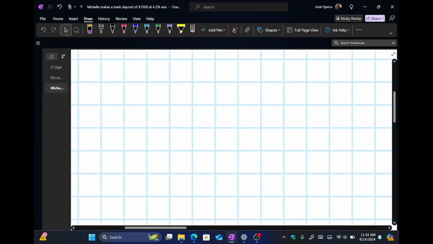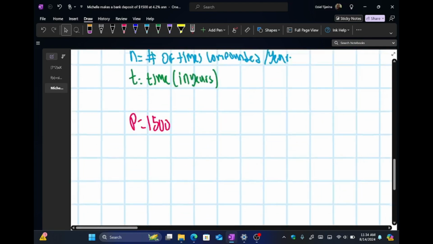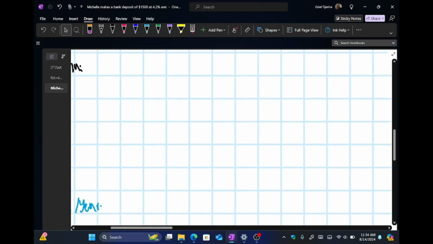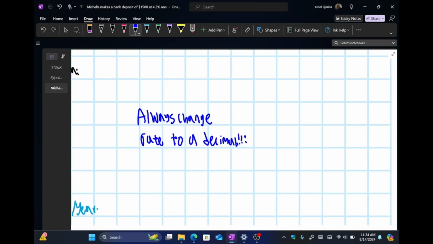However, you do not put 4.2%. You need to change it to a decimal. Always change the rate to a decimal. If you don't do that, it's going to mess up your answer.